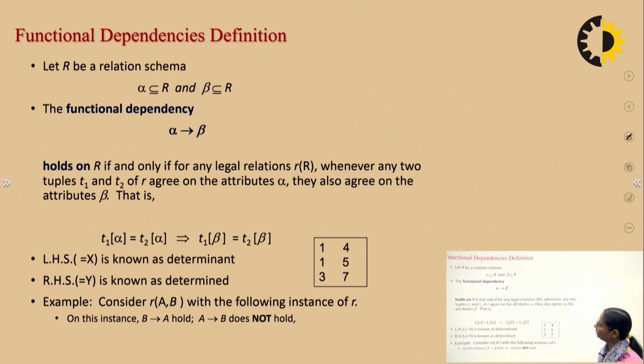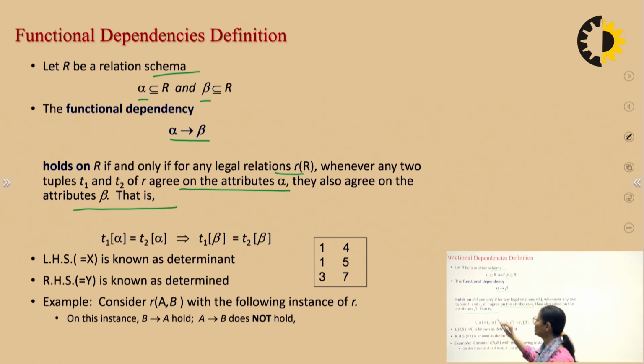This is the formal definition of the functional dependency. Let R be a relation schema where alpha and beta are attributes, and the functional dependency alpha implies beta holds on R if and only if for any legal relation R, whenever any two tuples T1 and T2 of R agree on the attributes alpha, they also agree on the attributes beta.